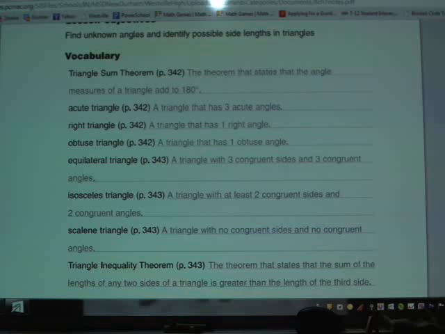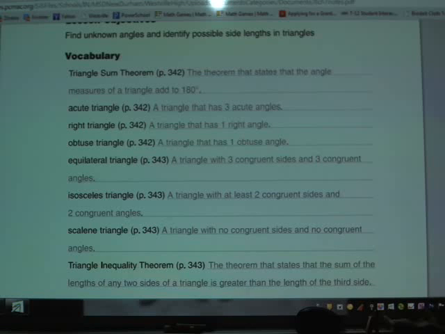And then the triangle inequality theorem is, again, one of those basic principles of a triangle, although we use it a little bit less probably than the fact that the angles add up to 180. We say here that it's the theorem that states that the sum of the lengths of any two sides of a triangle is greater than the length of the third side.